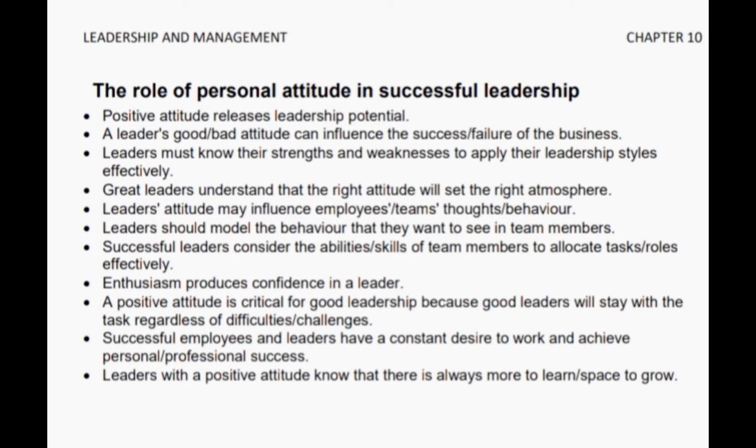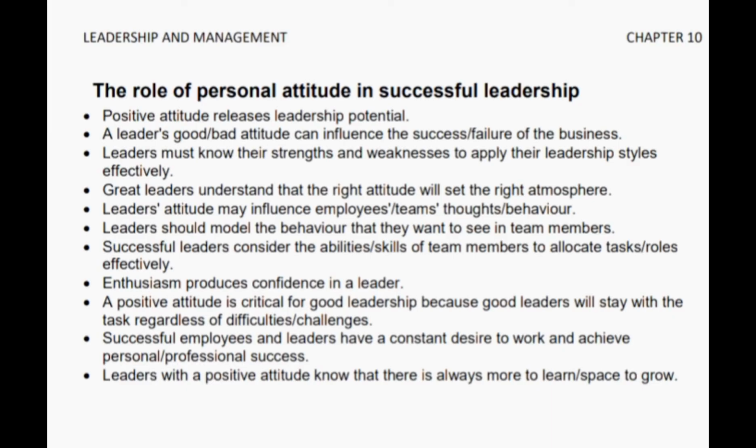Then number 2, a leader's good or bad attitude can influence the success or the failure of the business. The good or negative attitude of the leader can influence the failure or the success of the business.